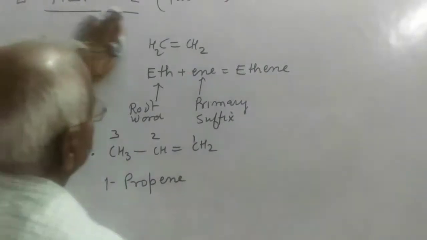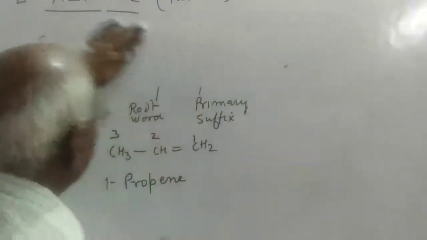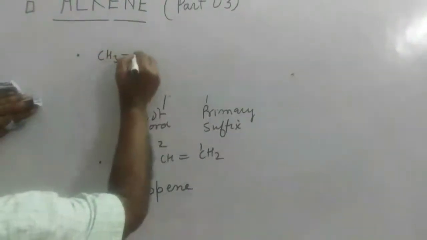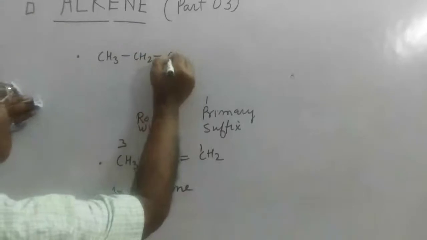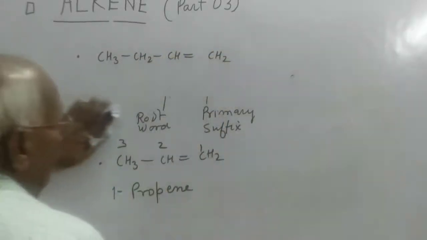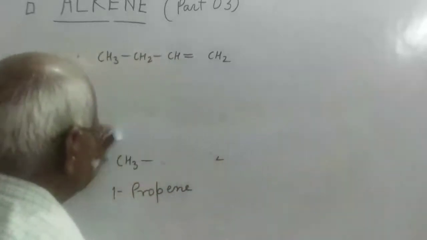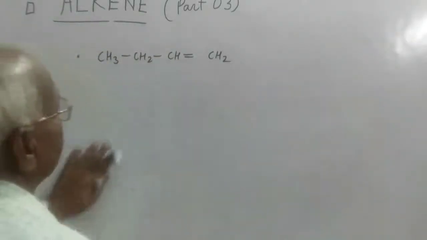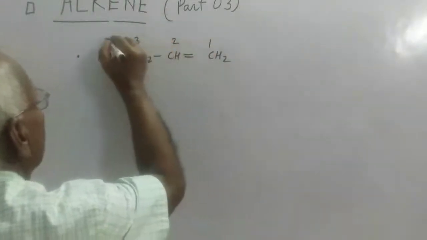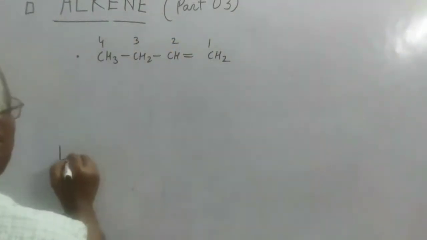Now one more example: CH3, CH2, CH=CH2. While numbering, the lowest number is given to the carbon carrying the double bond.